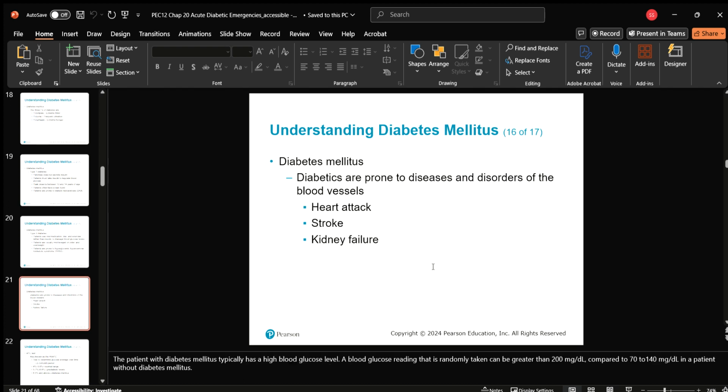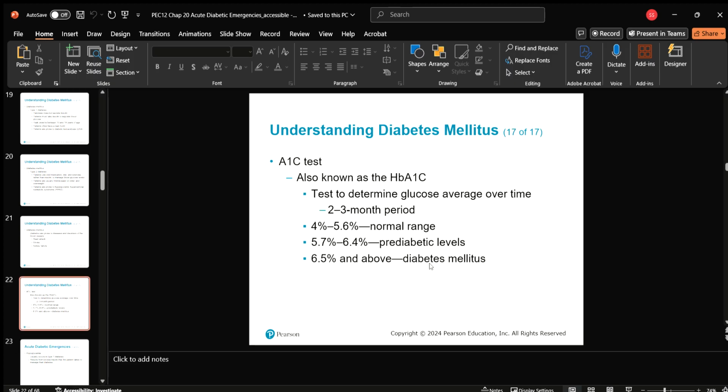Diabetics are prone to vascular disorders, heart attacks, stroke. We already talked about stroke and what that does to your vascular system. Kidney failure. A lot of diabetics have experienced kidney failure. So they need what? Dialysis.